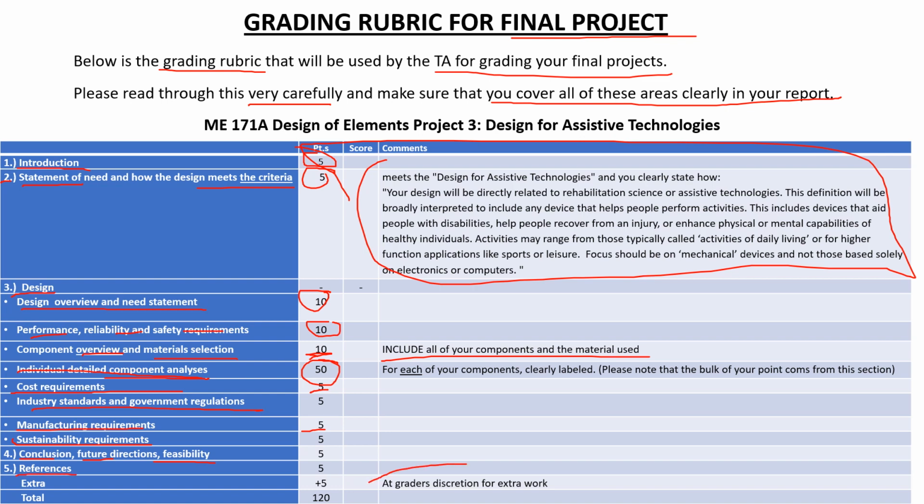And then I'm leaving a bonus 5 points. Did you really put in some extra effort? Did you go above and beyond there? So there's a possibility for a bonus 5 points right there. So this total grade for this final group project submission will be out of 120 points.